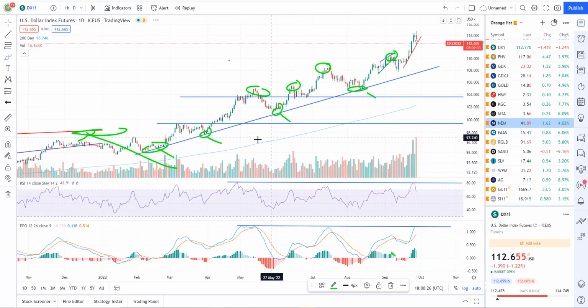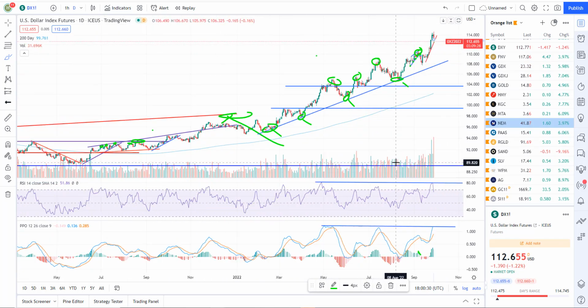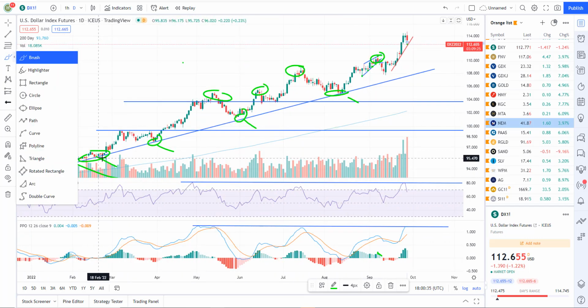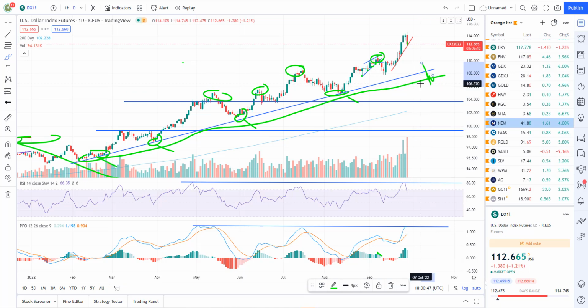On the daily chart, we've got this trend line right here that needs to really break before gold really gets going. We probably need to see that break, breaking this trend line.